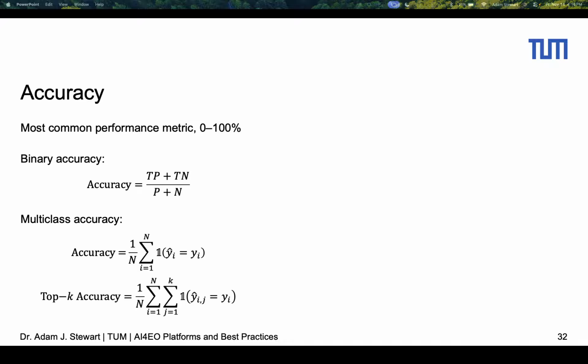So you'll often see top 5 accuracy for certain things, where one of the top 5 predictions was correct or was not correct. And that's more forgiving for a really challenging classification task where there's a lot of different classes, especially ones that are closely related.